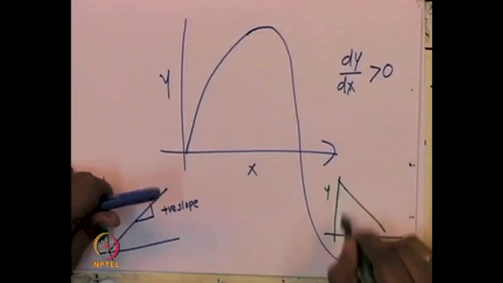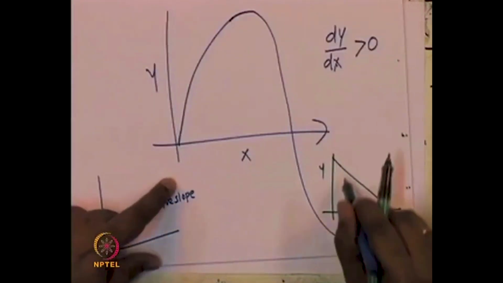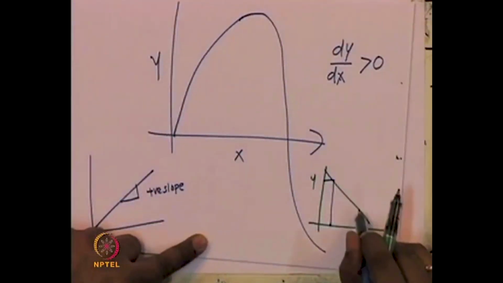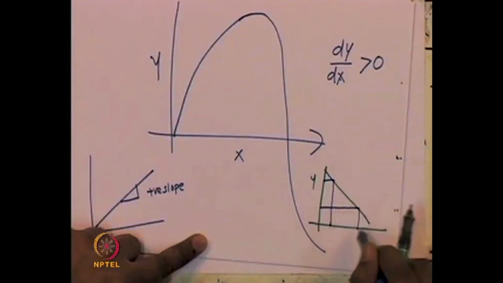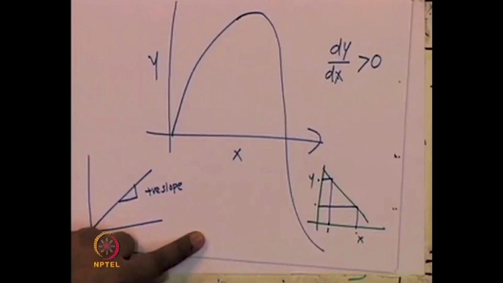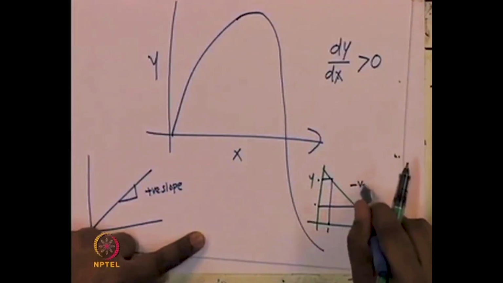For this particular value of x, this is the y value, for this particular value of x, this is the y value. So, x increases from here to here, but y decreases from here to here. So, as you can see, this has a negative slope.